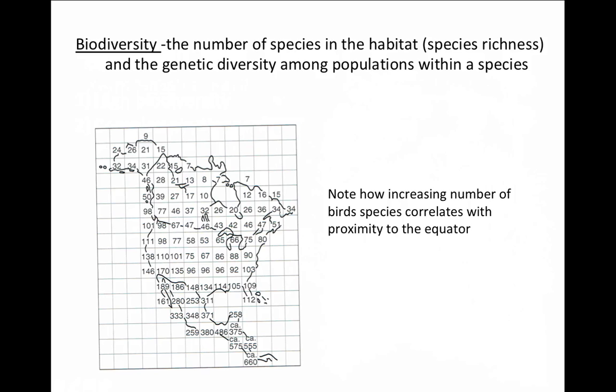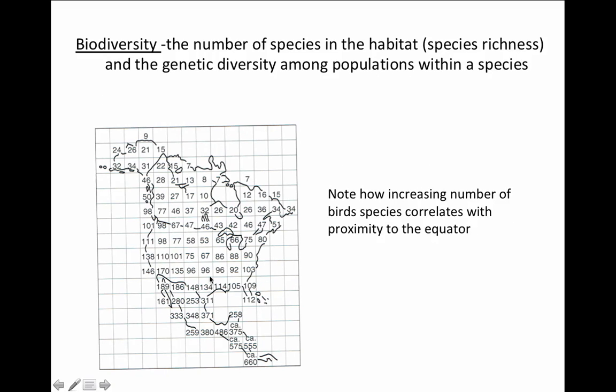So biodiversity refers to the number of species that you find in a habitat, or species richness is another way to refer to that. Let's take a look at this figure here. This is from your book, and it's showing you the number of bird species that you find. Each of those squares represents approximately 300 square miles, and the number of species that you find in these areas.